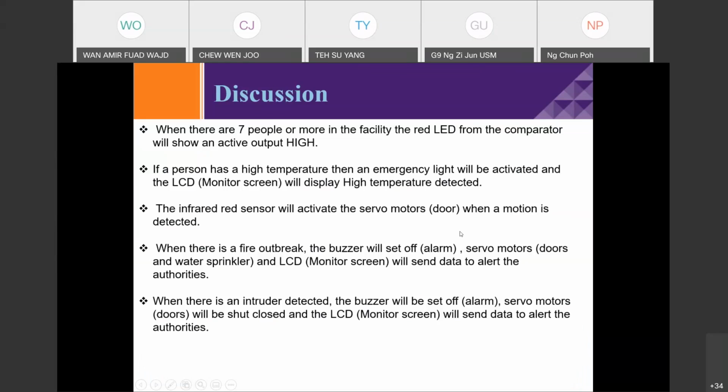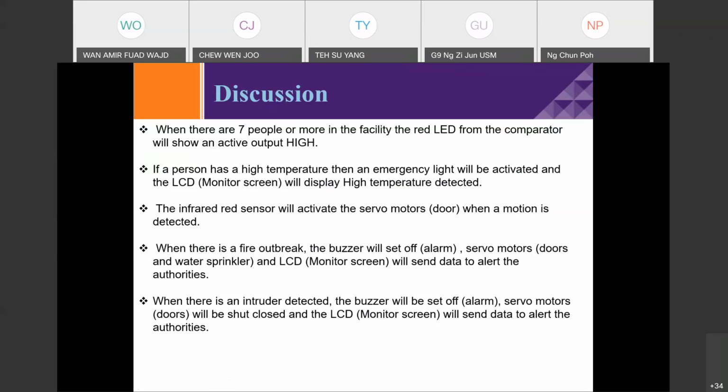Okay, for our discussion, when there are 7 or more people in the facility, the red LED, which will be the indicator from the comparator, will show an active high output. This is to warn people that the space has been fully occupied and to comply with the SOP rules.